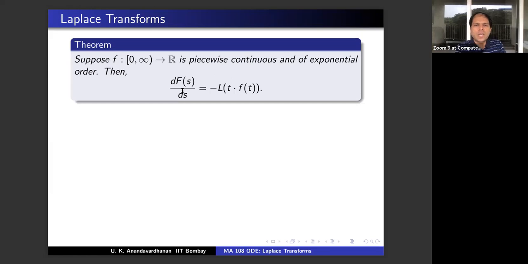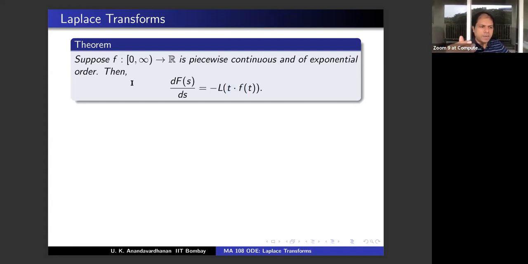Here also, the derivative involves multiplication, but the multiplication comes inside. So when you take the Laplace transform and then differentiate with respect to s, that is the same as the Laplace transform of t times f(t) with a minus sign. So derivative results in multiplication.